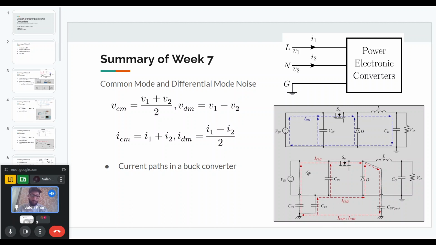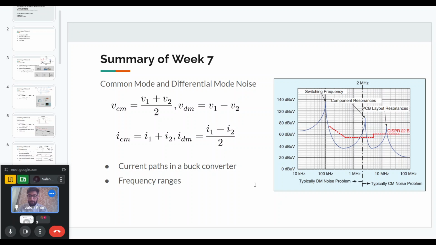We want to limit these common mode currents, as well as the differential mode currents. There is the differential mode current that we want to occur, that is the normal operation, and there will also be differential mode currents due to the electromagnetic interference noise. Lastly, there will be different frequency ranges for the differential mode noise and the common mode noise.